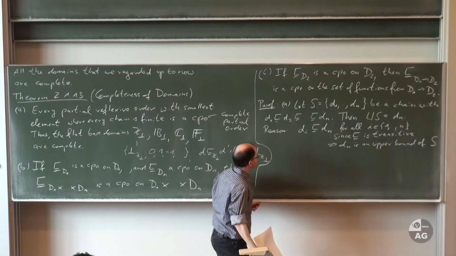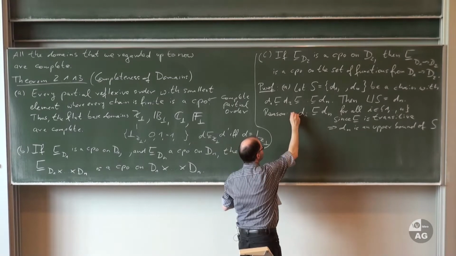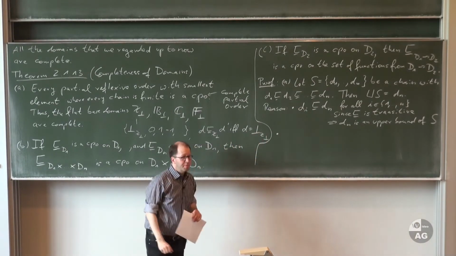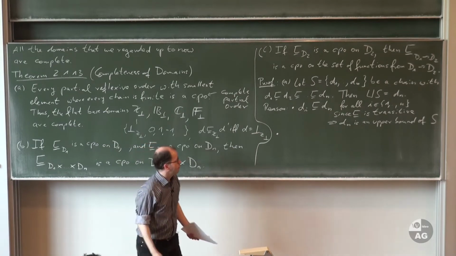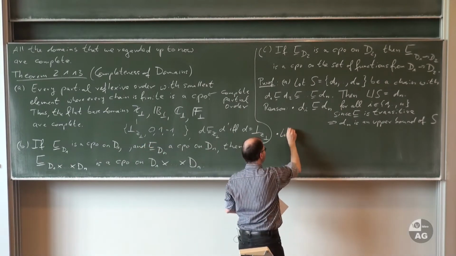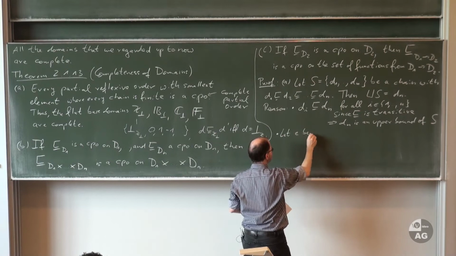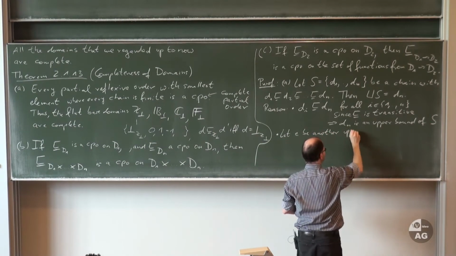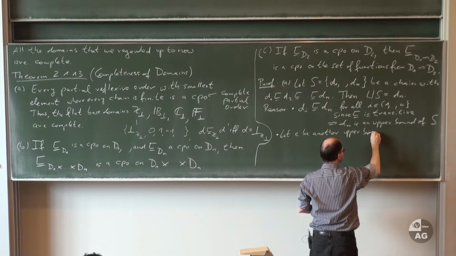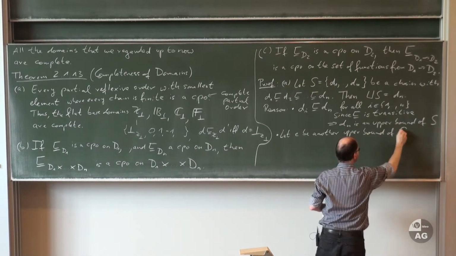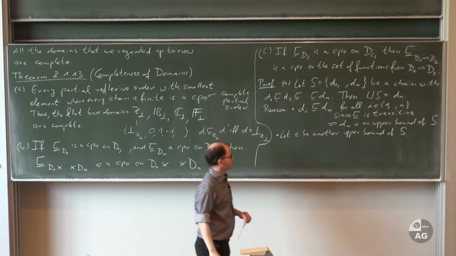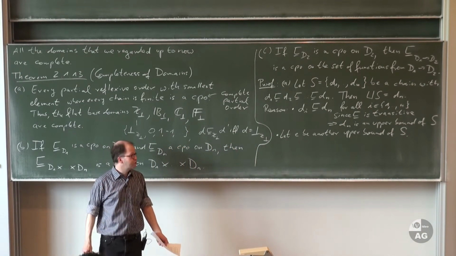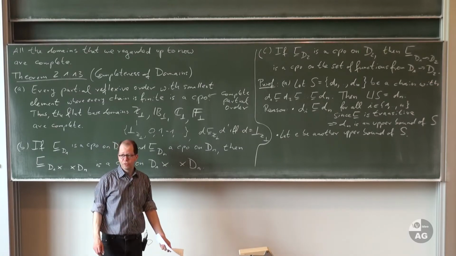And why is it the least upper bound? So this was the part that it is an upper bound. Now let's prove that it is the least upper bound. Well, let's assume there's another upper bound. So let E be another upper bound of S. Now we have to show that Dn is less than or equal to E. Well, why is this true?